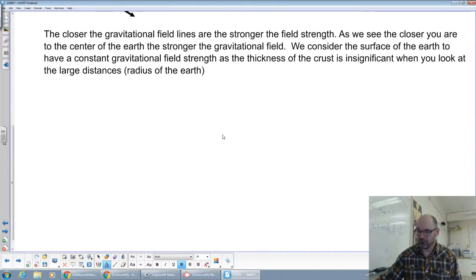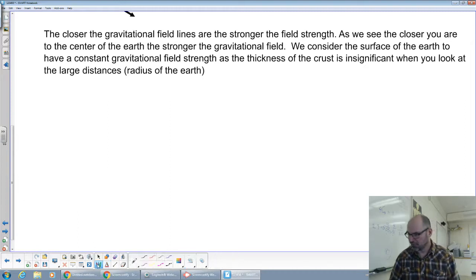Okay, and let's derive the gravitational field strength formula. So we can derive the formula from inertial mass and gravitational mass. So we know that force of gravity, according to Newton's laws, equals mass times acceleration.